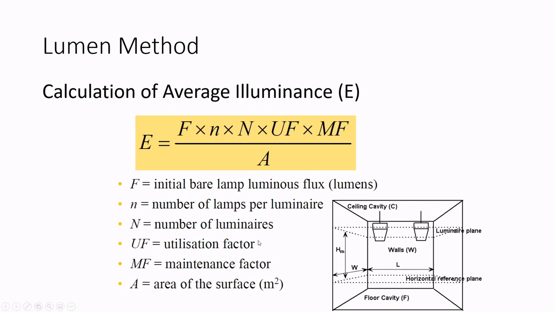Other factors, the utilization factor and maintenance factor, you can calculate, or mostly they will be given. Area you can calculate very easily. And the initial bare lamp luminous flux, the F value, is a property of the lamp you are going to select. That value is given in the lamp catalog.